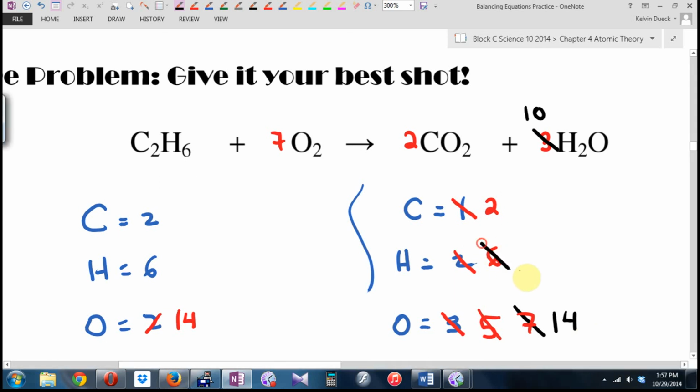Okay. How many hydrogens do I have on the right-hand side now? How many do I have on the left-hand side? Yeesh. This is getting ugly.